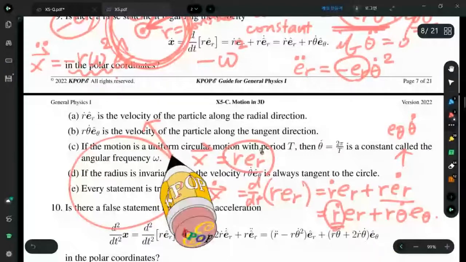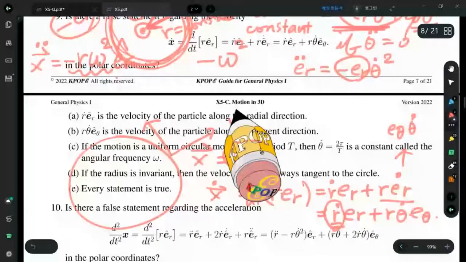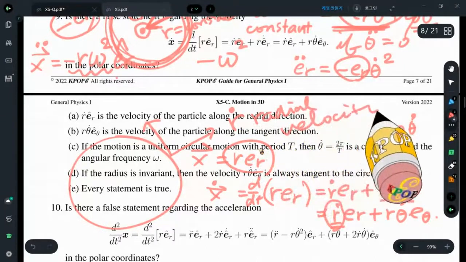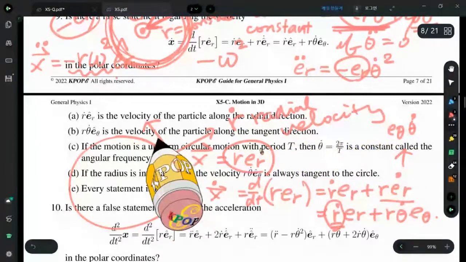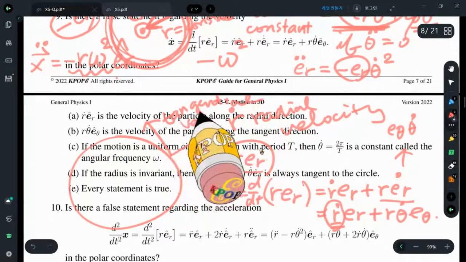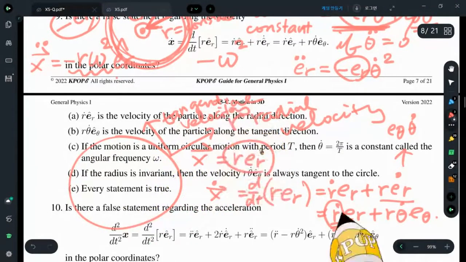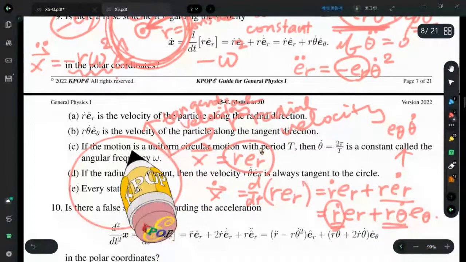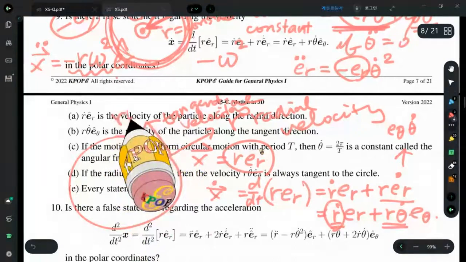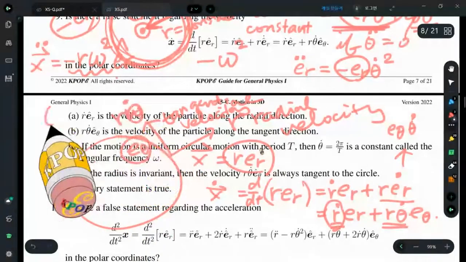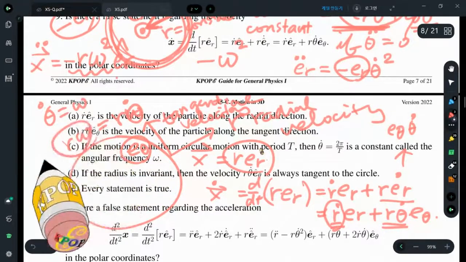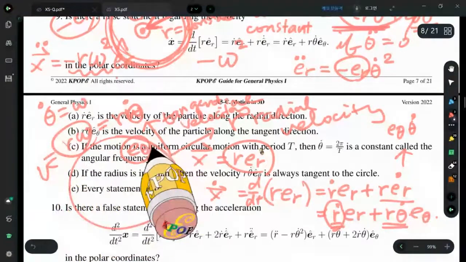This is radial velocity, and this is tangential velocity. Along the direction of e_theta, it is r theta dot. And usually we use theta dot as omega. r omega is the tangential velocity.